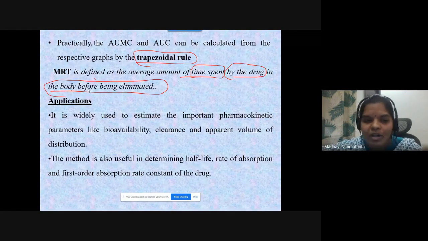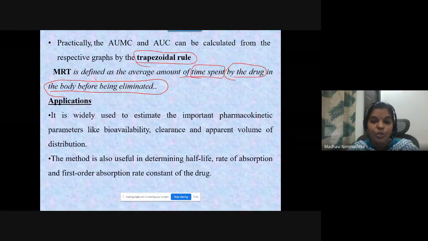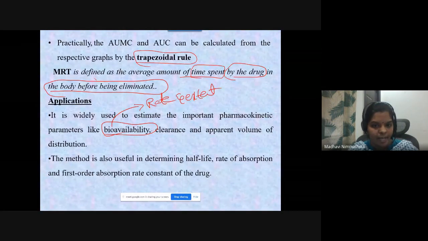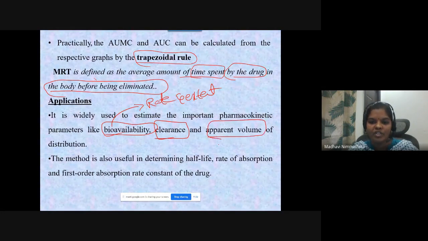And then what are the applications of this statistical moment, this mean residence time? It is widely used to estimate the most important parameters like bioavailability of the drug. Bioavailability means rate and extent of the drug available in our body. So we can estimate this bioavailability, and then the clearance and apparent volume of distribution.